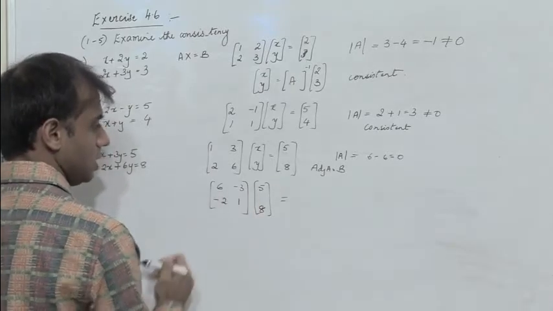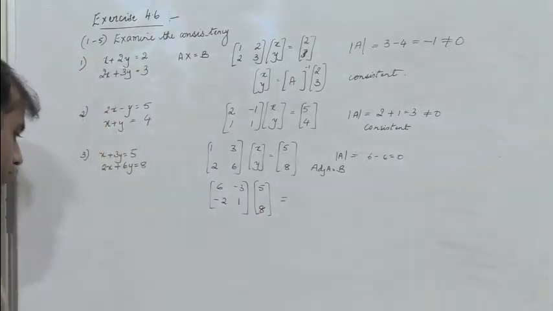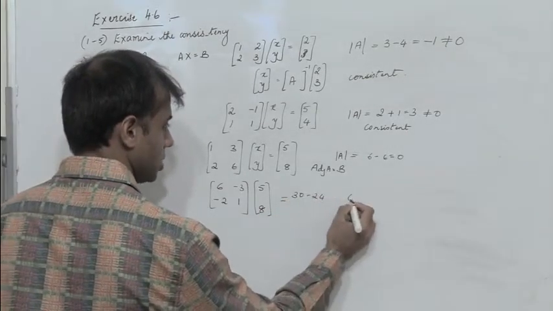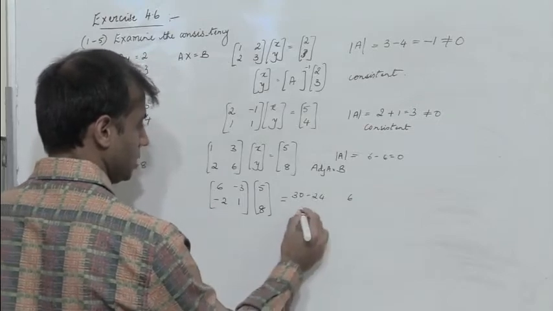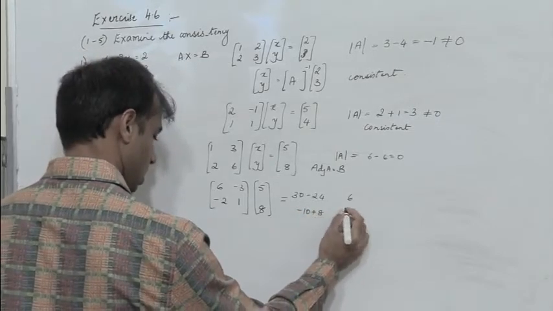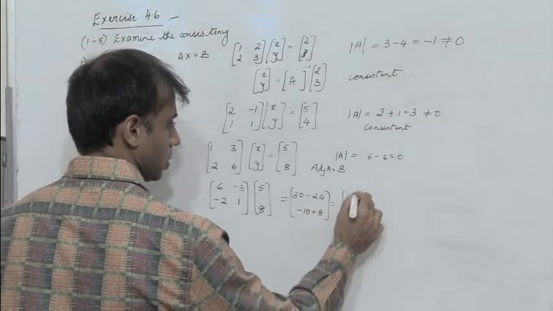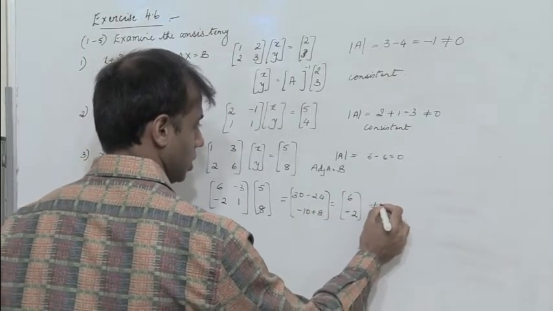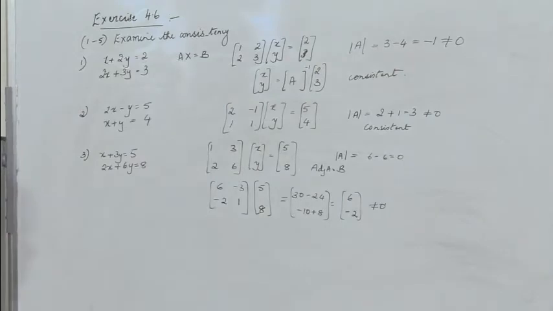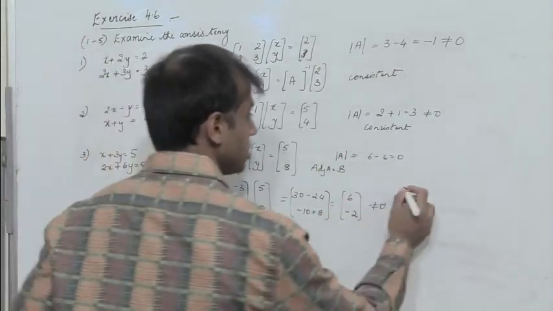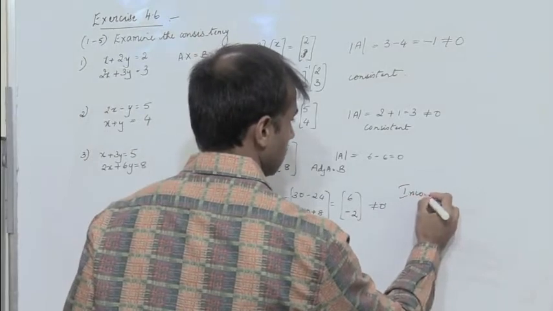So we have 6 into 5 is 30 minus 24. So 30 minus 24 is 6, and here you have minus 10 plus 8 equal to minus 2, which is definitely not equal to 0. Okay, so we have these two conditions, both the conditions are satisfied, so therefore the system is inconsistent.